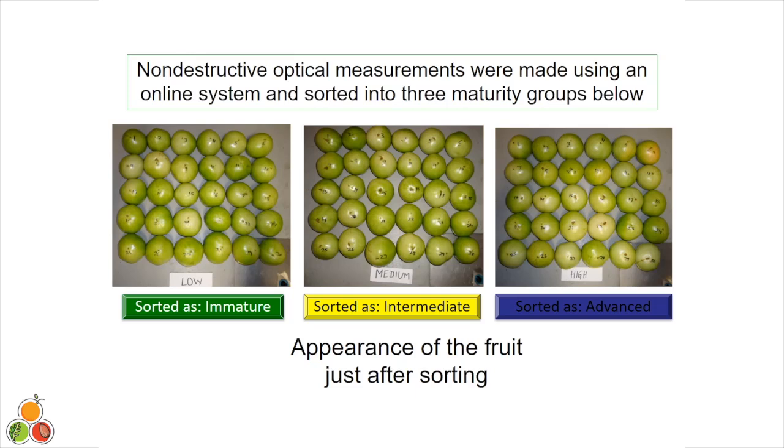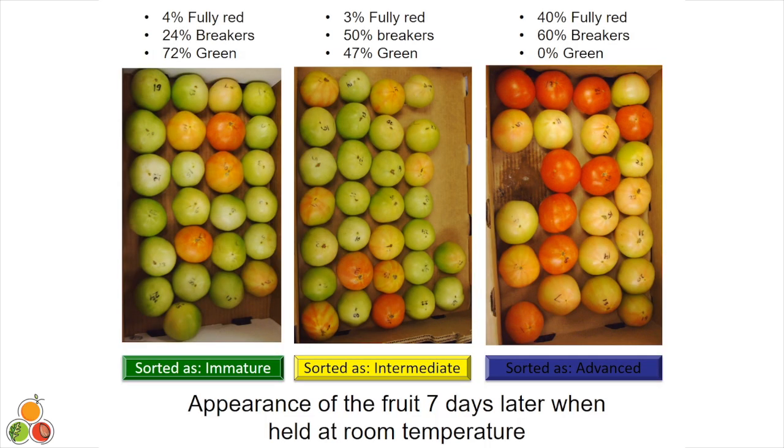I can't tell the difference between groups. I've been corrected many times, but I've also told you that I'm half blind, okay? But I couldn't tell if there's a difference between this one and that one. But the machine said, yes, I consider this to be immature, this intermediate, and this to be much more mature. 7 days later, this is what happened. So it's the same tomatoes, okay?